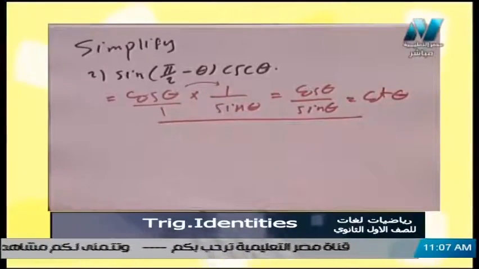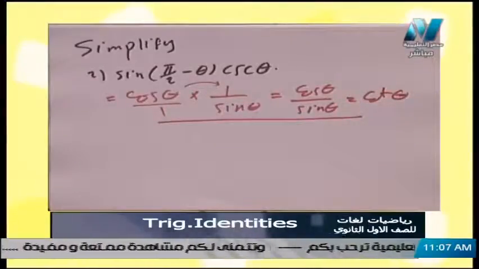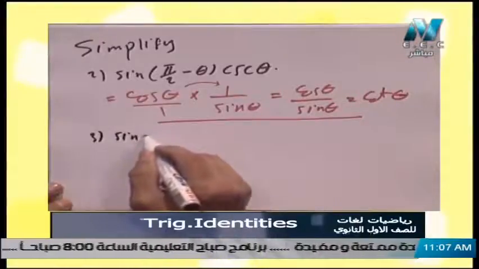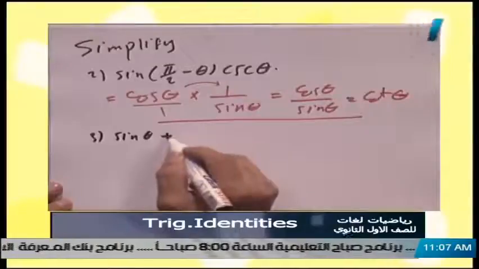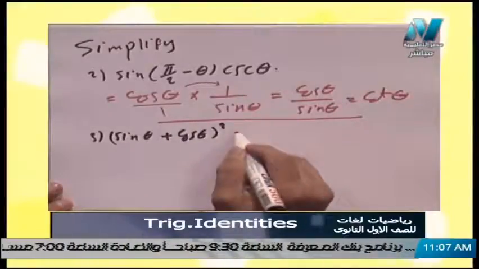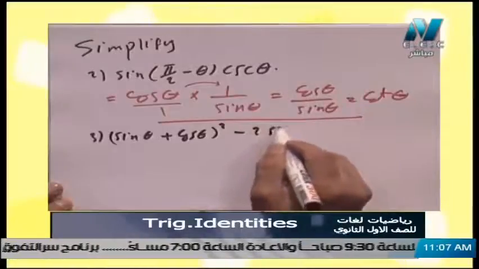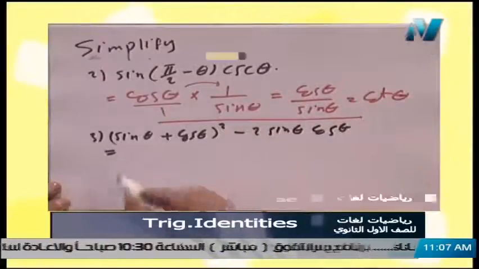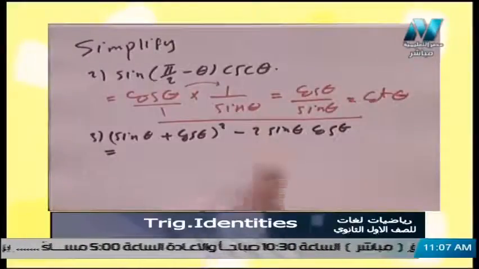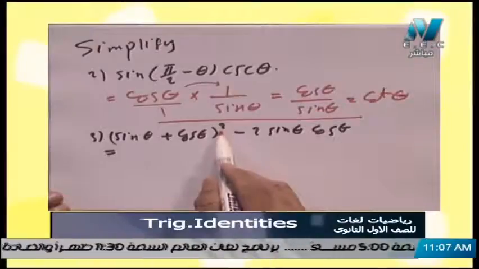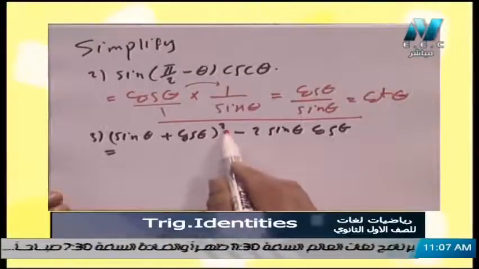The second one, simplify sine theta plus cosine theta all power 2 minus 2 sine theta cosine theta. To simplify this expression, we have to expand this binomial power 2.